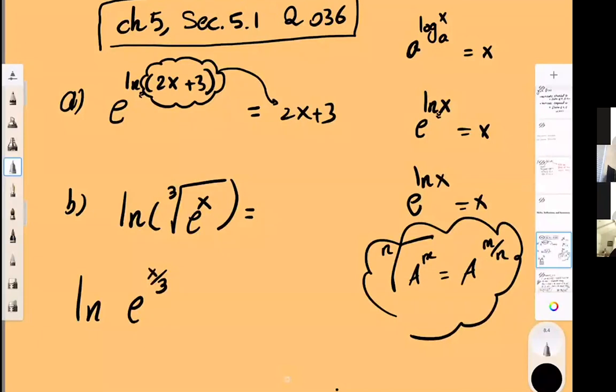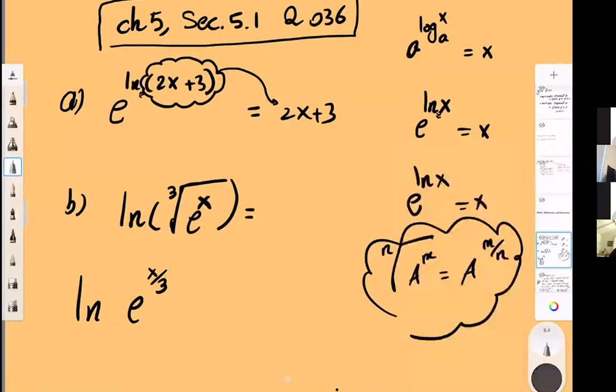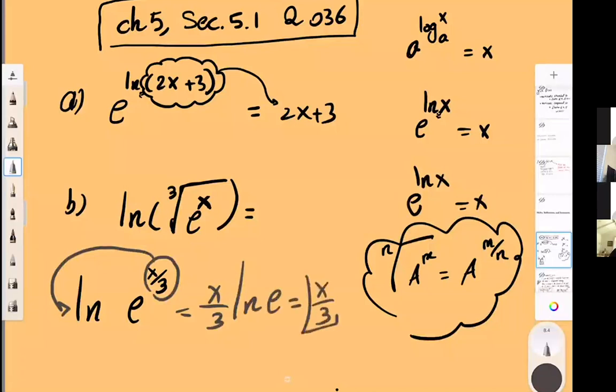I made the radical in terms of exponential. Now the exponent goes in front of ln. It will be x over 3 times ln of e. ln of e is 1, so the answer is x over 3.